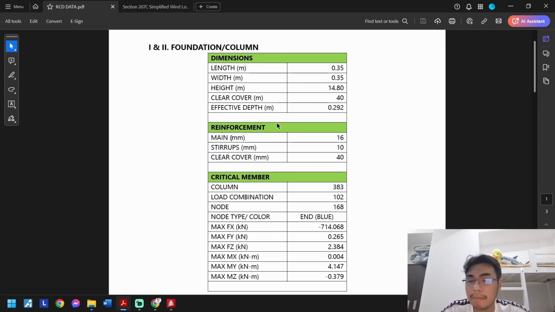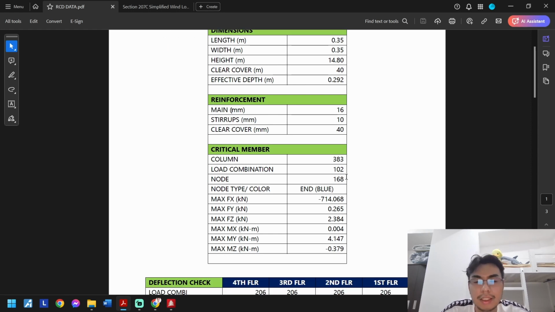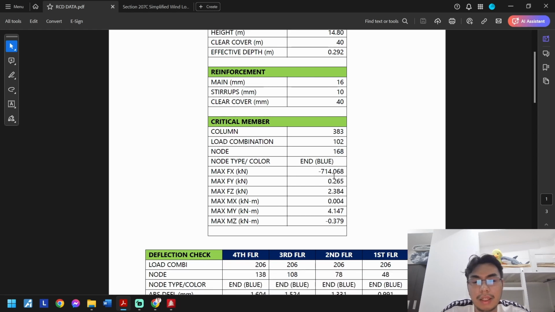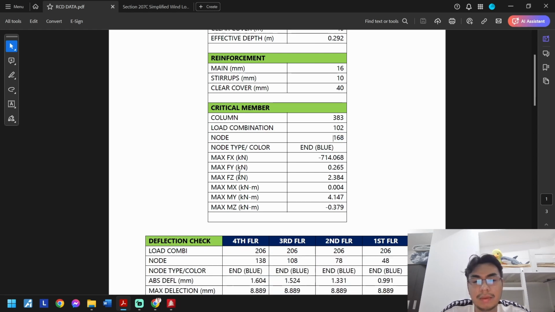So for the critical member, the STAAD Pro results show that the column, in this case column number 383, has the governing load combination of load 102, which is the 1.2 plus 1.6 GL, and there's also a wind in there. Then the node is node 168. Then here are the following results.